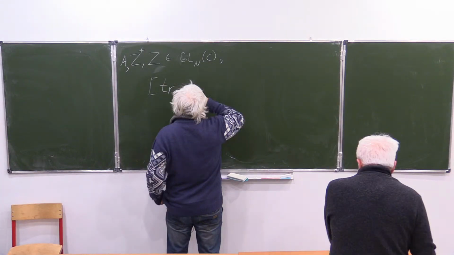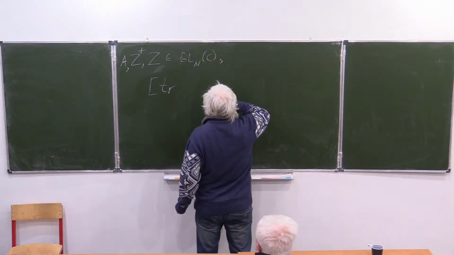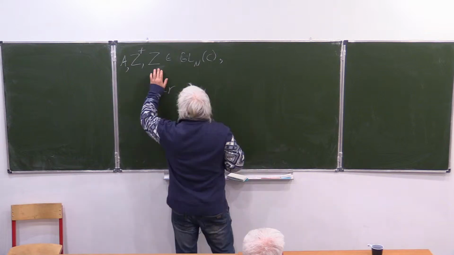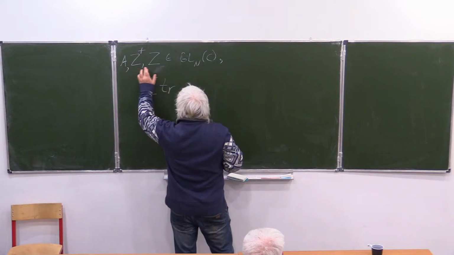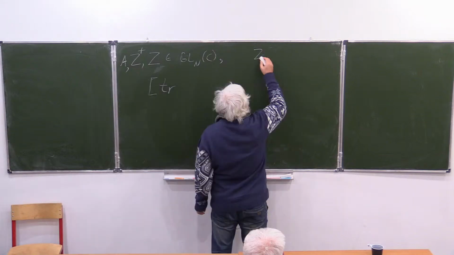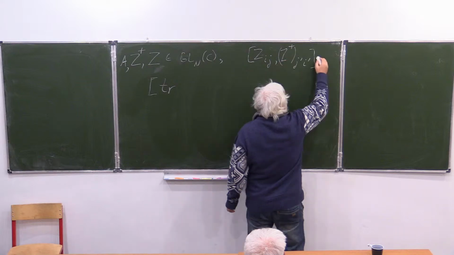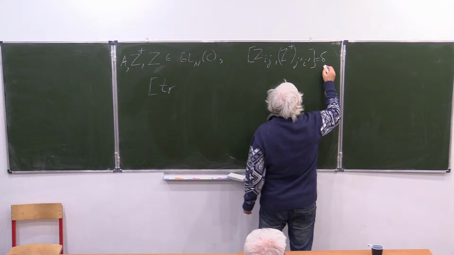Let us consider the elements of this matrix as bosonic operators. And there are conjugated bosonic operators, which means that the commutator between Z_ij and Z-dagger_j'i' is equal to the Kronecker symbol delta_ii' delta_jj'.